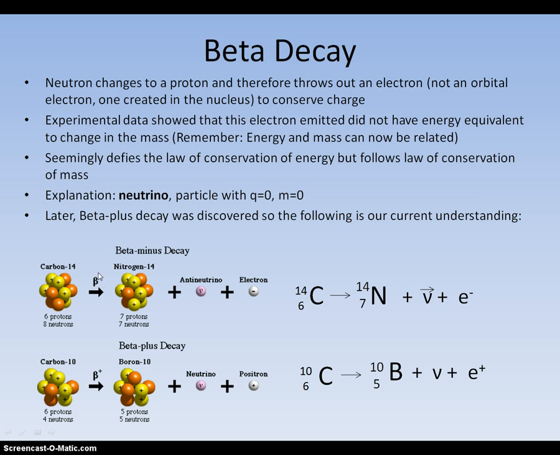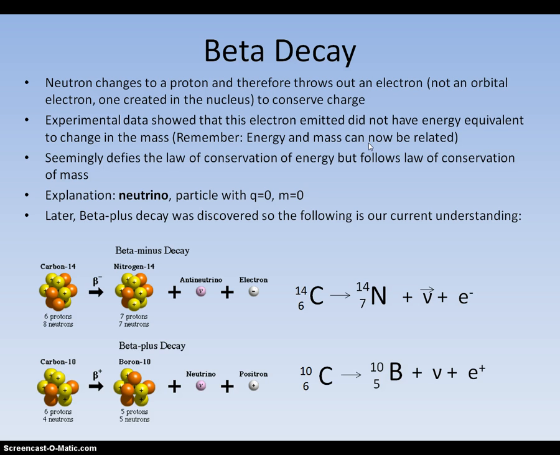So we know that electrons do have a little bit of mass, and when that electron leaves, then the mass of that electron should be equivalent to the energy that electron has, because remember Einstein's E equals mc squared. But as it happened, it didn't. So we thought, maybe this is defying the law of conservation of energy or the law of conservation of mass.